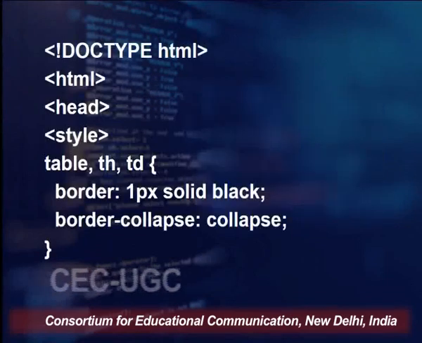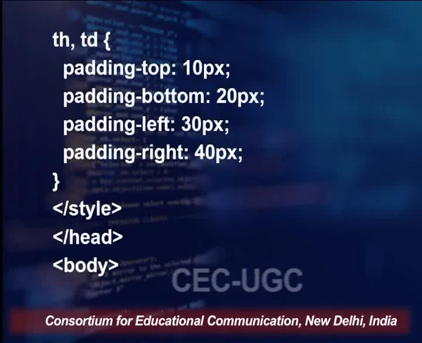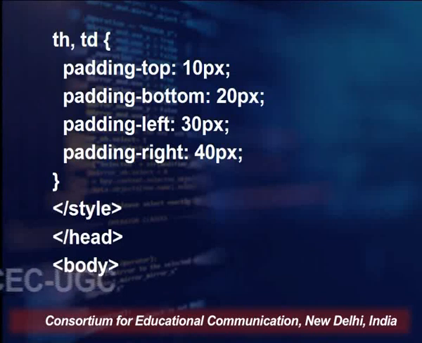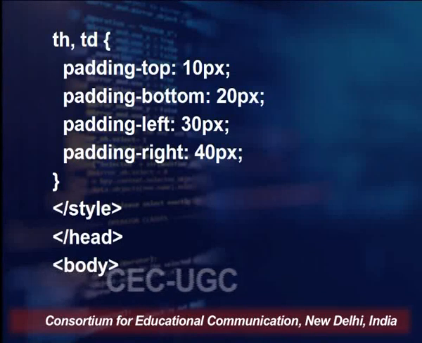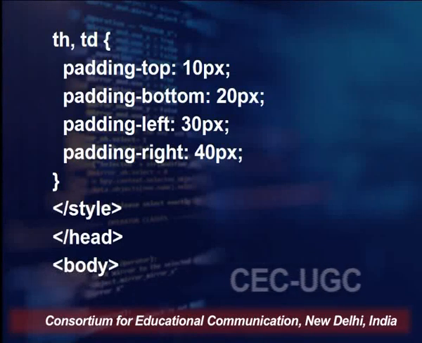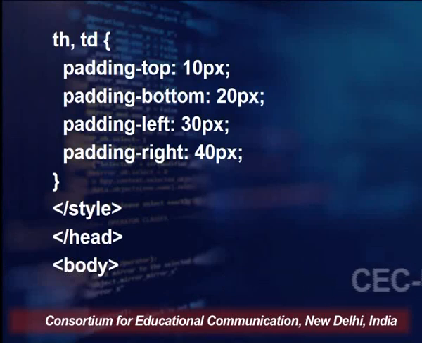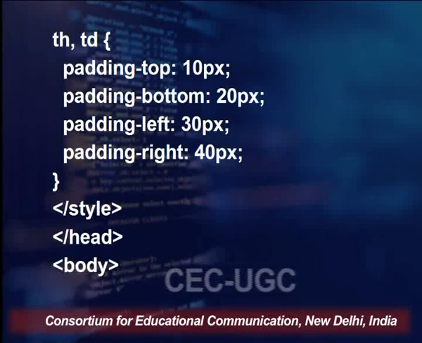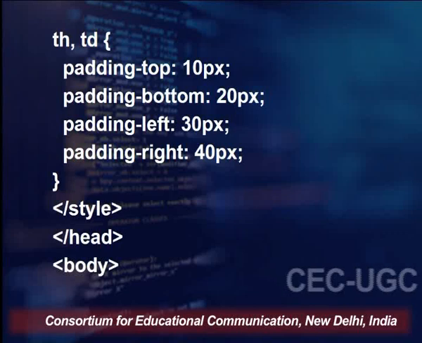Within padding, it is not only the left padding; we can control padding from all 4 directions, which are top, bottom, left and right. Here you can see on the screen that within the style tag, previously I had given only one value, padding 10 pixels or 15 pixels.